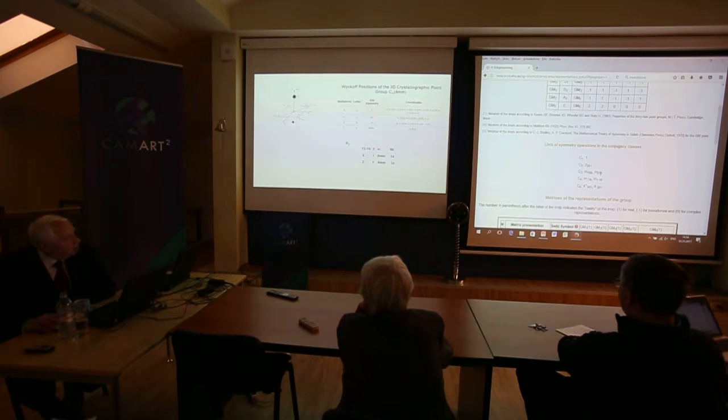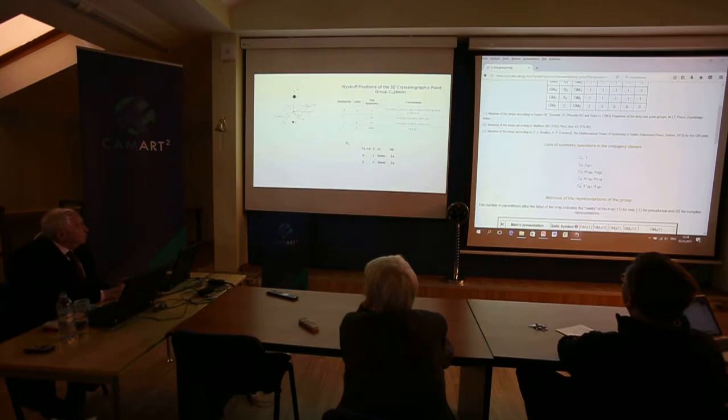These planes are Cartesian planes. What is 1, 0, 0? This is y 0, z 0, so this is plane 1, 0, 0.